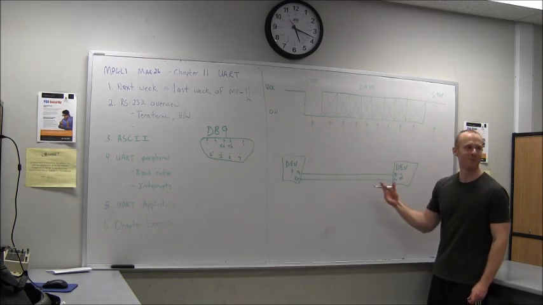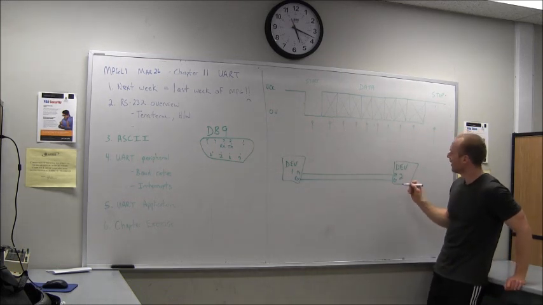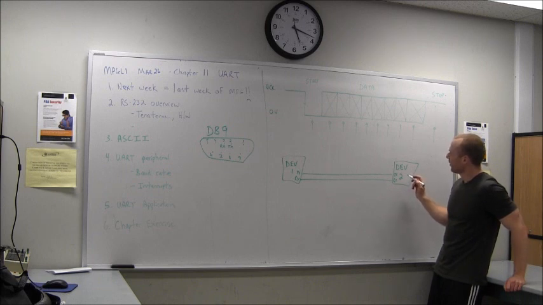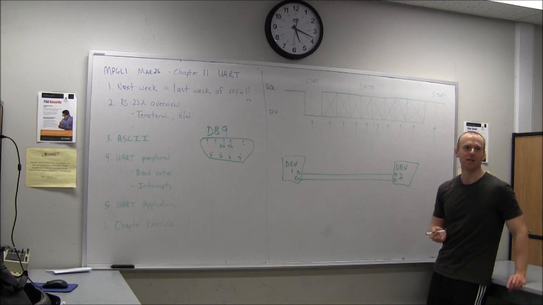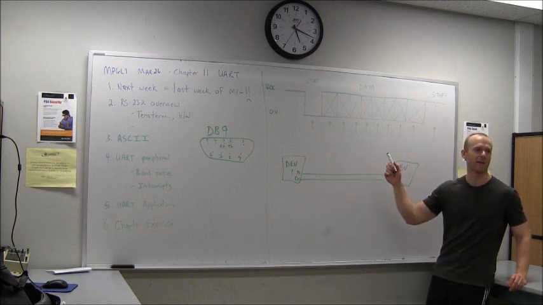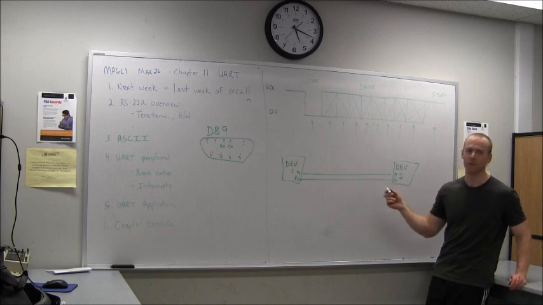And again, you can see why that can be confusing. Each of these devices separately is responsible for generating the clock that clocks out that signal. So that's what makes it asynchronous. There's no clock transmitted in the signaling itself.